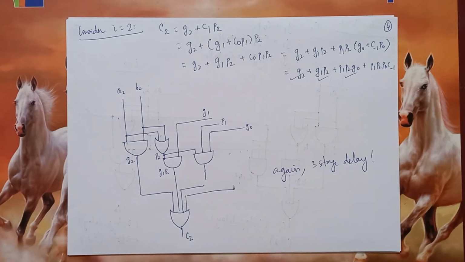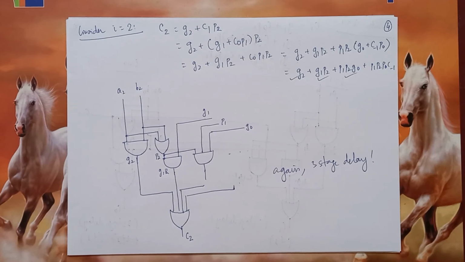what we are seeing is that by making use of these two new terms, called the carry generator and the carry propagator, we are able to express the carry of each stage not as a function of the carry of the previous stage, but as a carry from the very first stage or the 0th stage. And of course, the other inputs are Ai and Bi, which are not dependent on any other stage.